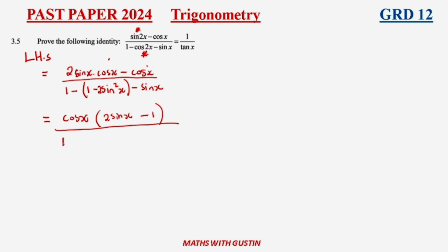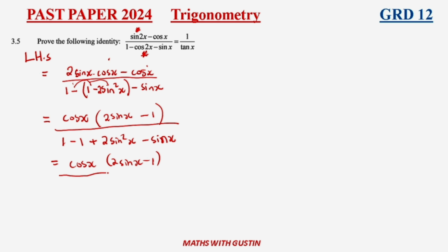It will remain as 1 minus, and therefore we need to multiply by this negative here to remove the bracket. So it's going to be negative 1, then negative becomes positive 2 sine squared x, minus sine x. Now 1 minus 1 is definitely going to be 0, so this is what we're left with at the denominator, minus 1.